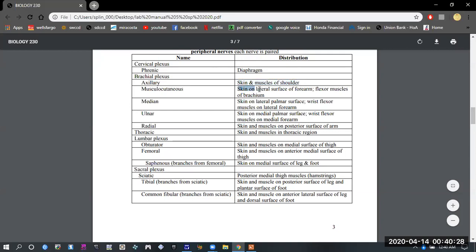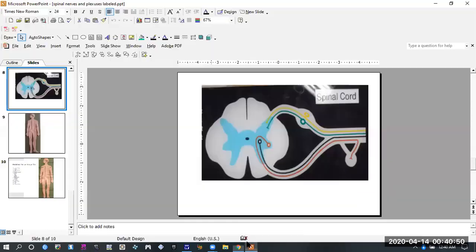So that's right here in the chart for you, the distribution of the nerve. And there's no neat mnemonic for this section. Okay, so that's just right here in the charts, this information. So we'll go through the plexuses first, and then we'll point out the individual nerves.